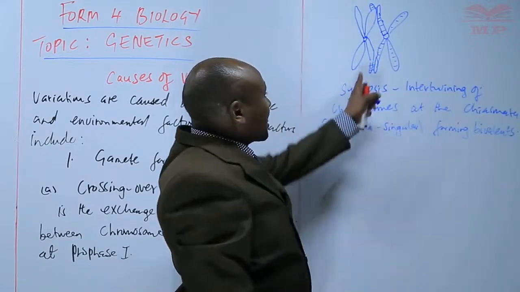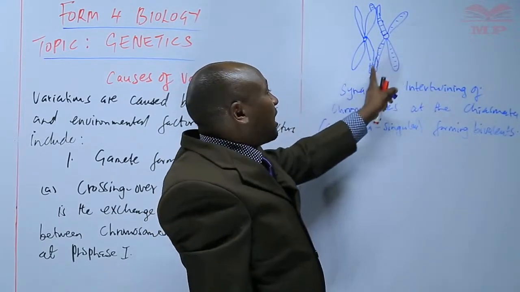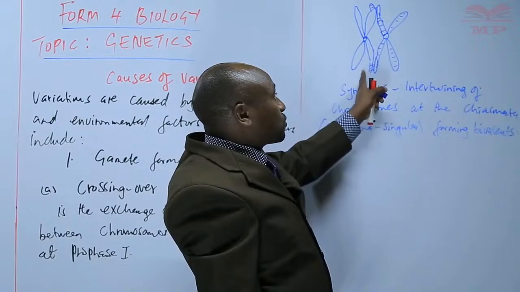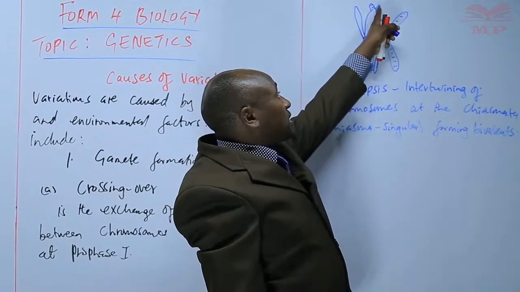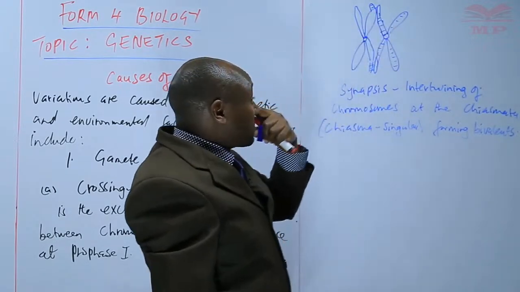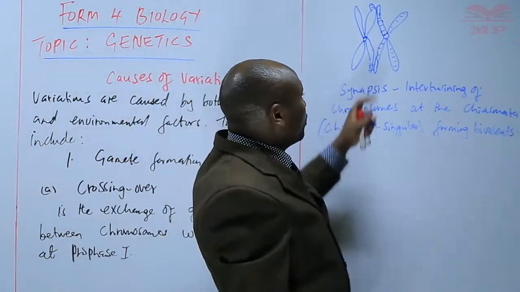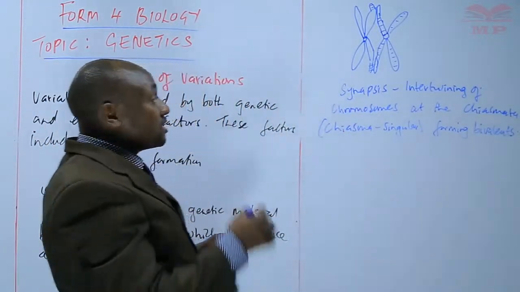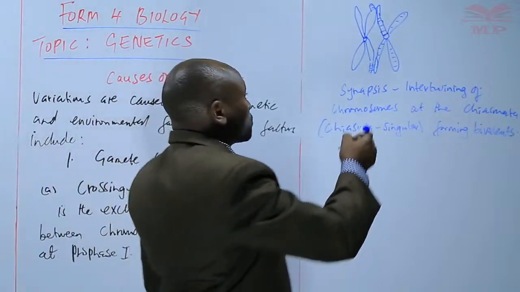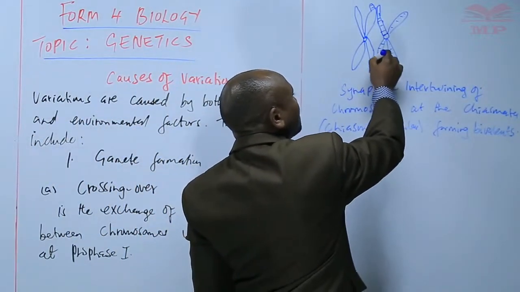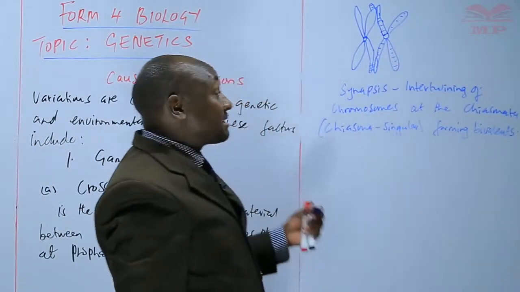So there is this section that was in this chromosome that has been transferred to this other chromosome. And there is this section that was in this chromosome that has been transferred to the other chromosome. So that is the point that leads to the exchange of genetic material. The genes that were in that particular section have been exchanged.